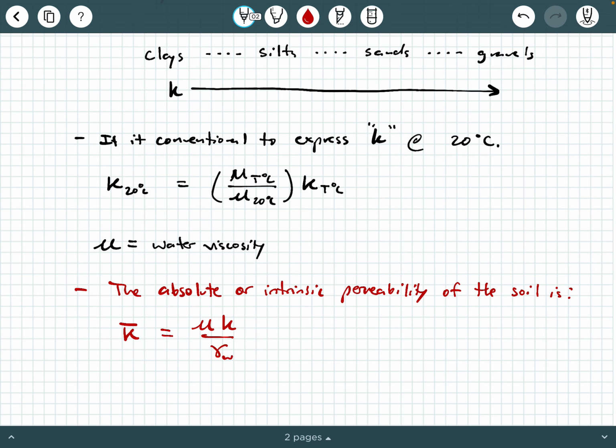There are some applications in other subtopics of geotechnical engineering that use the absolute or intrinsic permeability of the soil instead of the regular permeability, little k.